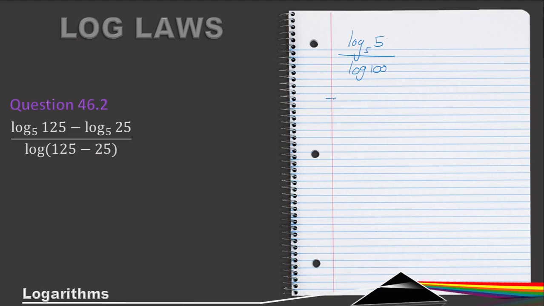Next, this part here becomes 1 because it's the same base and the same numerical value. This one I'm going to change to log 10 to the power of 2. Take the exponent over. So 1 over 2 log 10. Then log 10, same base, becomes 1. And our final answer is just a half.